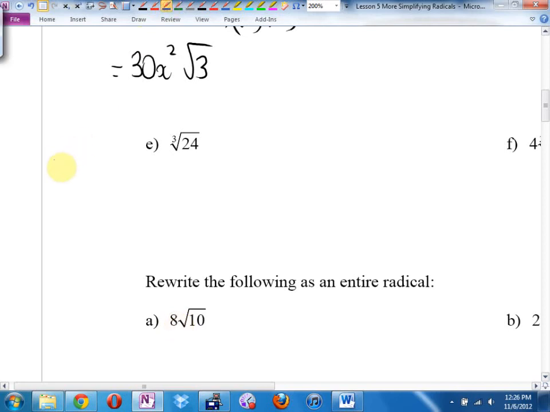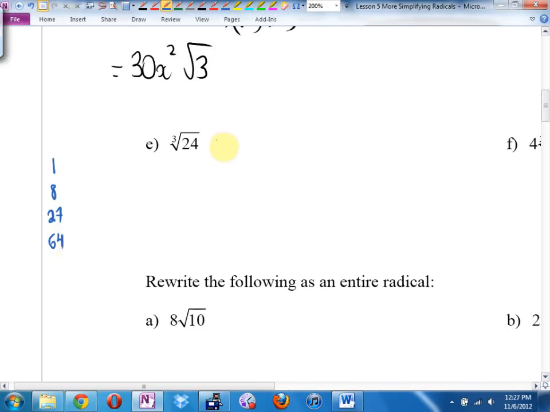What's 1 cubed? What's 1 times 1 times 1? What's 2 times 2 times 2? 2 cubed. 8. What's 3 times 3 times 3? 3 cubed. 27. 4 times 4 times 4? We'll stop there. Those are the ones I'm looking for. Do any of those go into 24?